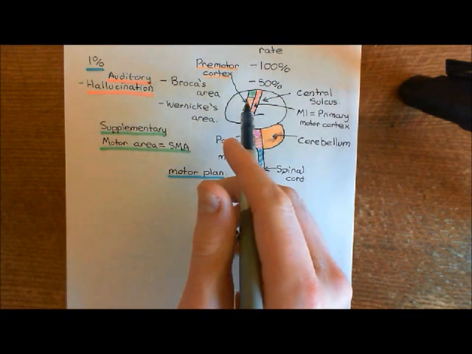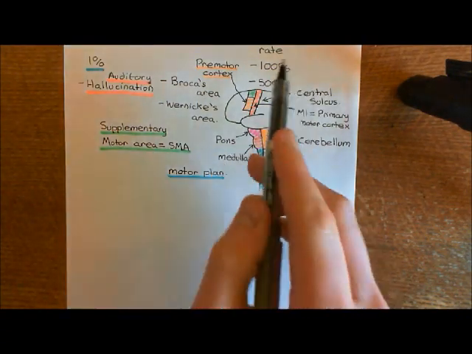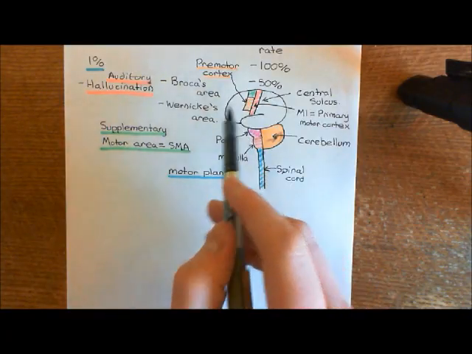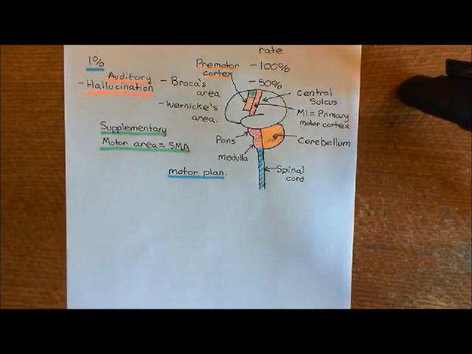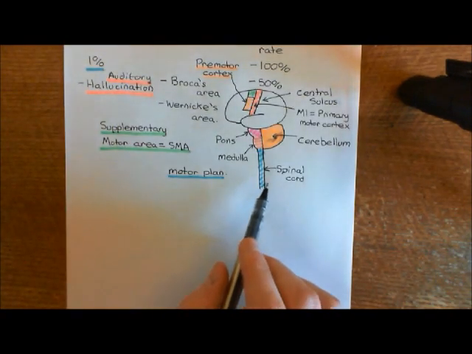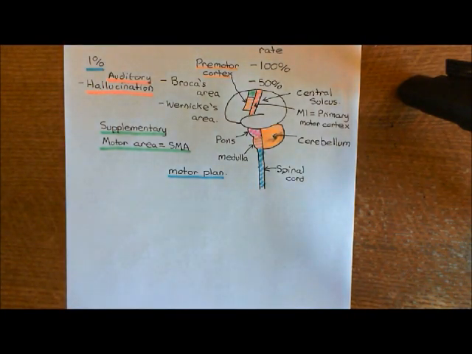So that's how the motor system works. The secondary motor areas come up with the motor plan, which they send to the primary motor area, which just relays it down to the motor neurons in the spinal cord, which then send it to the muscle cells. And then you initiate that movement.